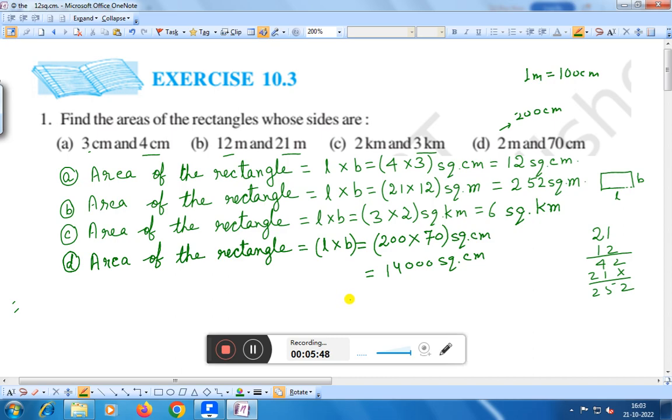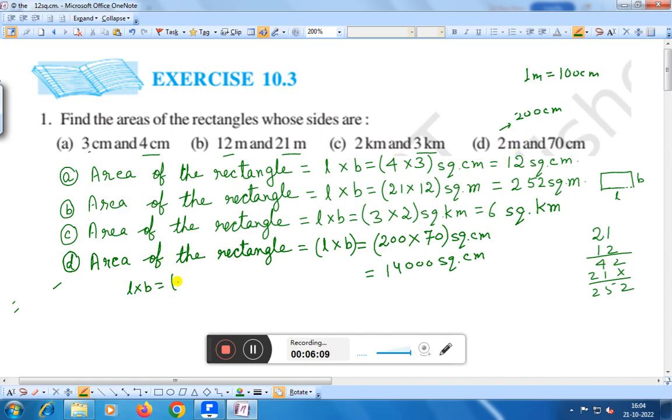You can change into square meter also. There is another way of expressing this one. The area of the rectangle is length into breadth. What is the length of this?